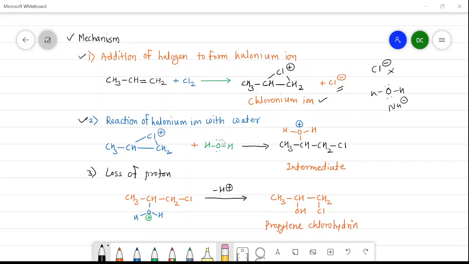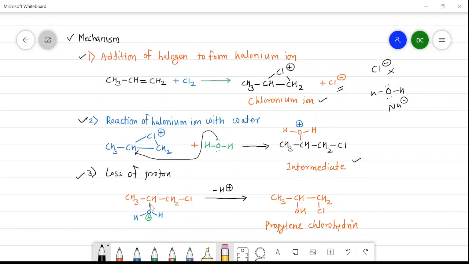So in the next step, this water will attack on the halonium ion, but the attack is a specific one, or regioselective. It will attack on the carbon which is highly substituted, CH and CH2. Here there is a presence of CH3, so it is the substituted one. So water will attack on the substituted carbon to give the corresponding intermediate.